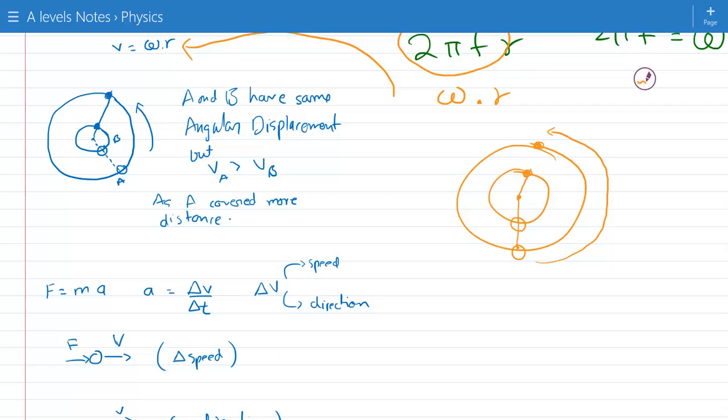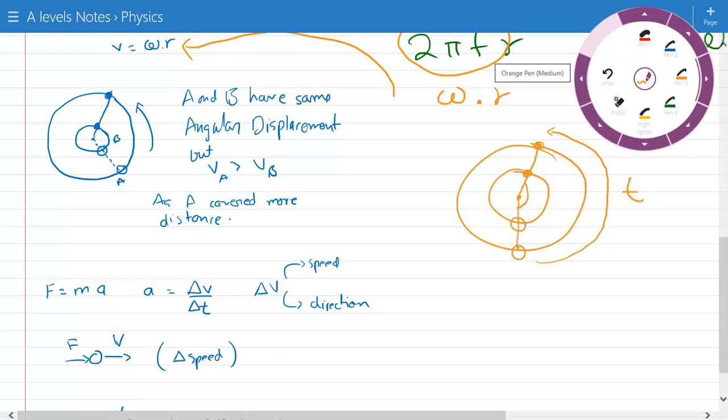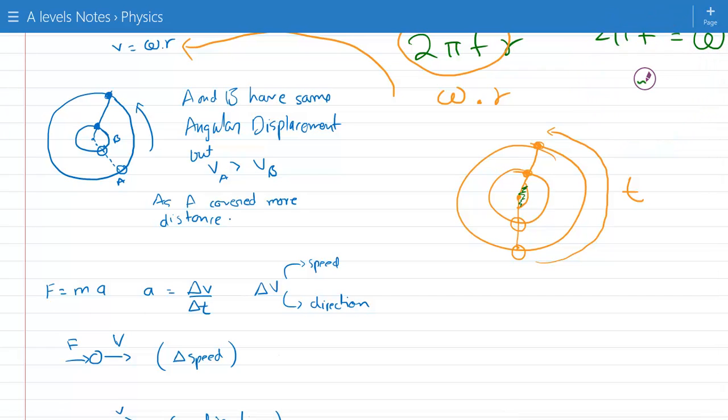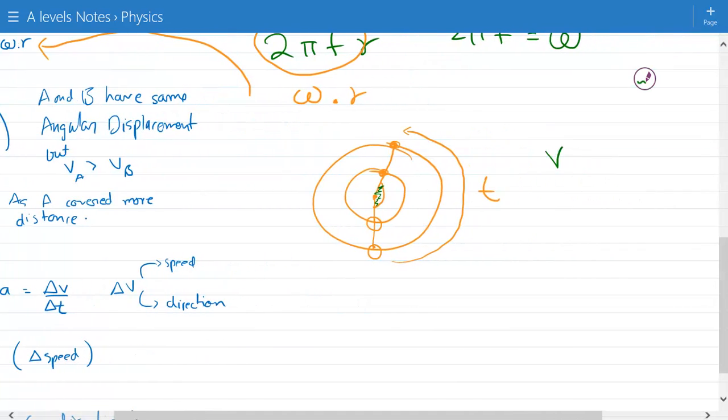They all went from here to here in the same amount of time taken, T. Same time, right? And we can say that the angle that was covered is the same, the time taken is the same, so their angular velocity is the same, right?